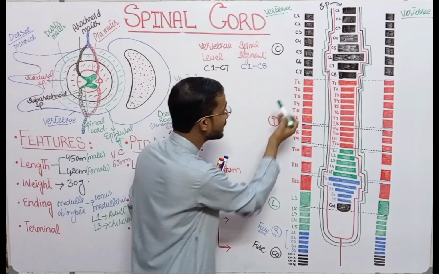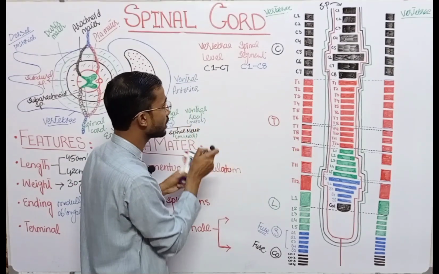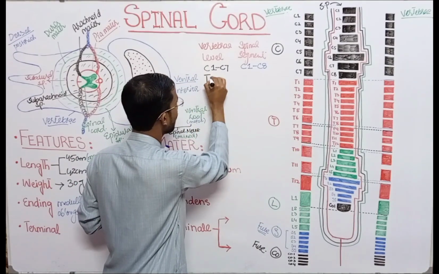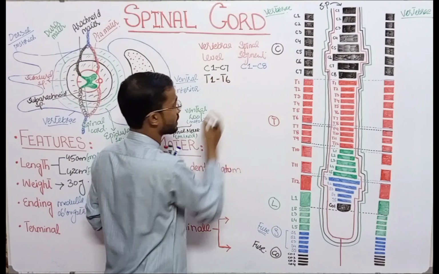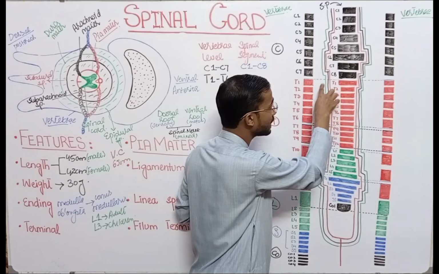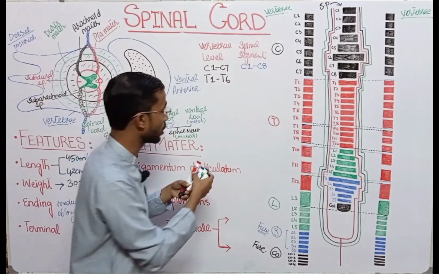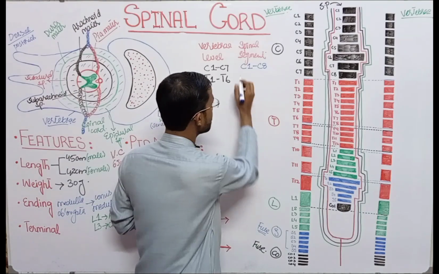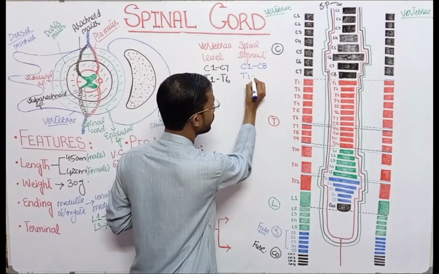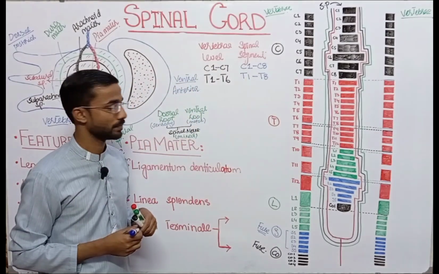Next, from the T1 to T6 vertebra, you will see what segments are present? T1 to T8 segments of the spinal cord are present in this region.